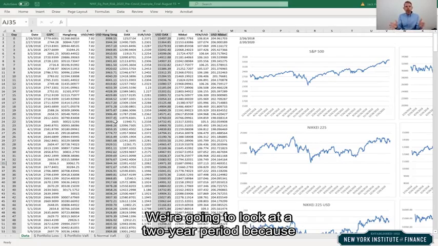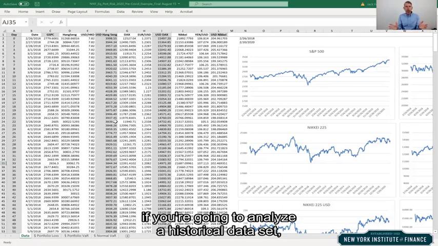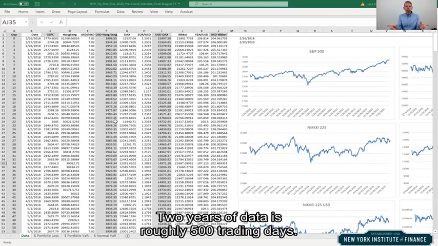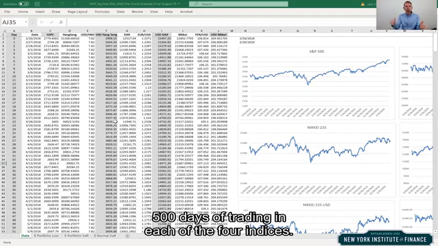We're looking at a 2-year period because, as you can recall from the course, if you're going to analyze a historical data set, you should have at least 2 years of data. And 2 years of data is roughly 500 trading days. So our data set consists of 500 days of trading in each of the 4 indices.